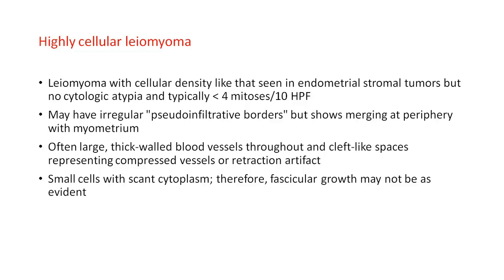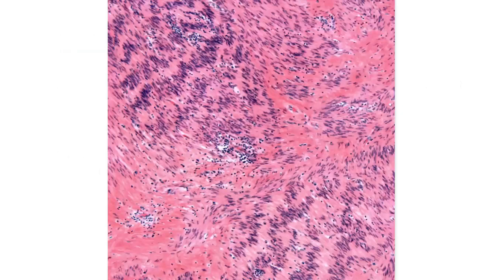And if we are still not sure morphologically, we can do a CD10 stain. CD10 is a sensitive and specific marker for low-grade endometrial stromal tumors, while it will be completely negative in leiomyomas.